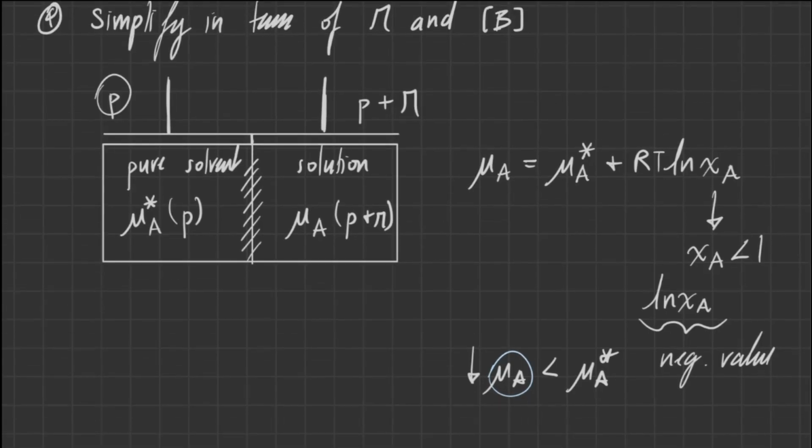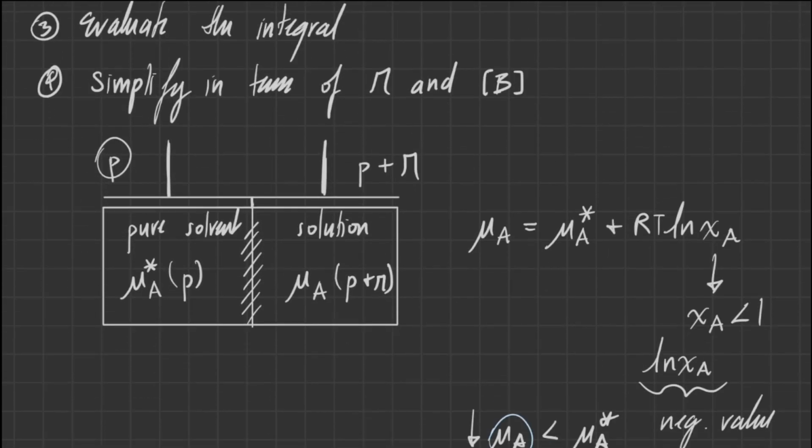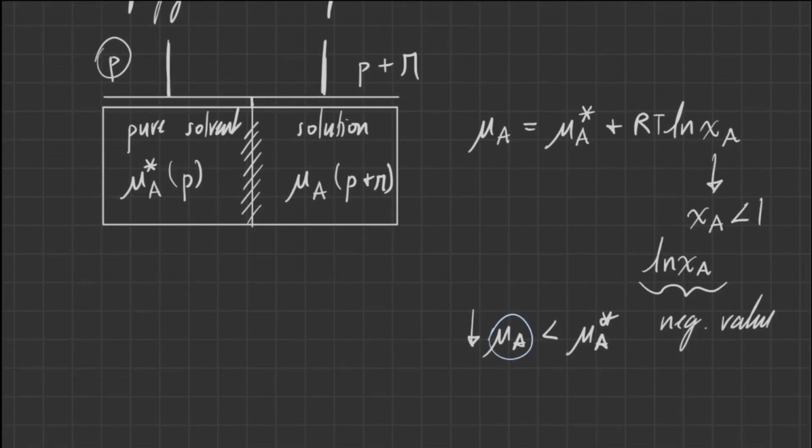What you want to know here is that if you have this setup and you let it run to equilibrium, essentially you're going to have zero net flow only when these two potentials are equal to each other.